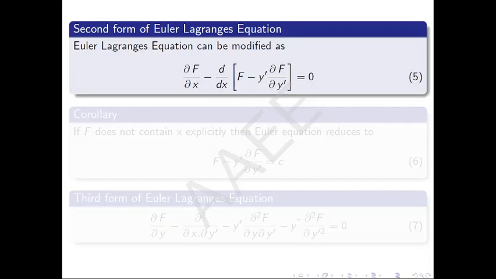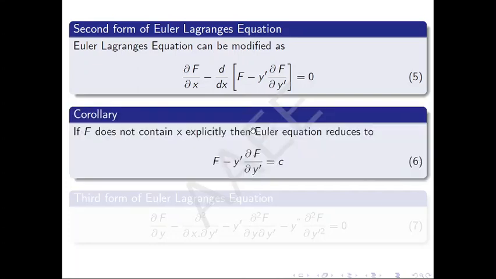Just like the previous case, if f is free from x, this derivative will be 0 and this term will be only this term, and if you integrate with respect to x, that will be f minus y dash del f by del y dash is equal to constant of integration c.